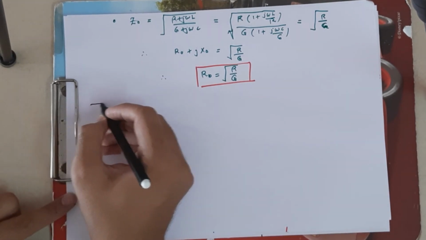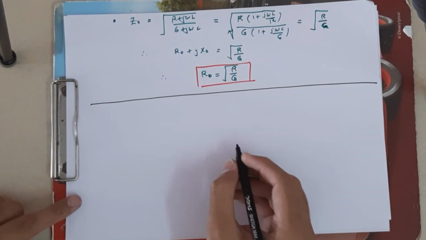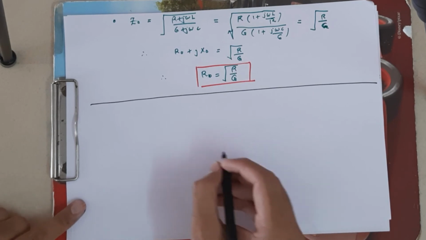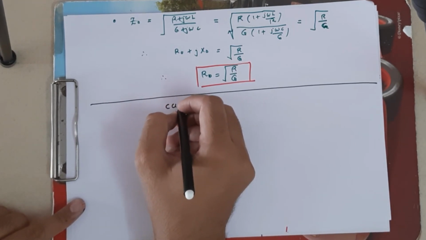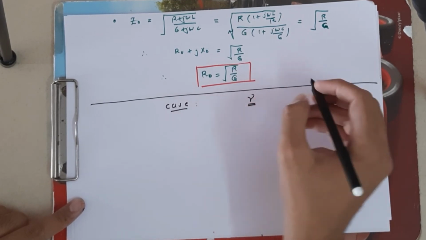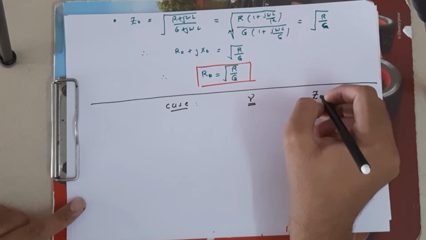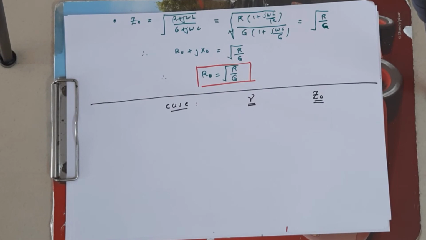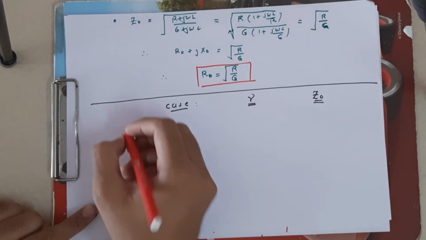Okay, so now we will quickly revise what we have studied in this chapter. So I have to consider different cases, propagation constant and characteristic impedance. Okay, my first case is the general case.